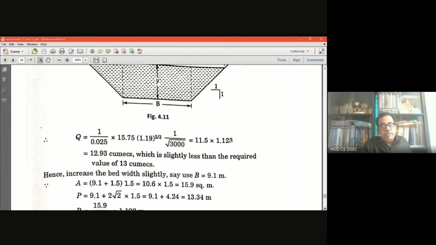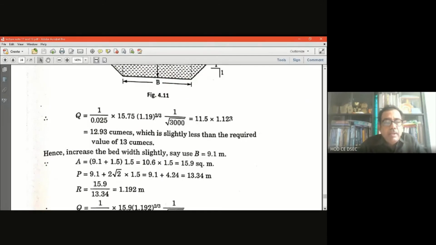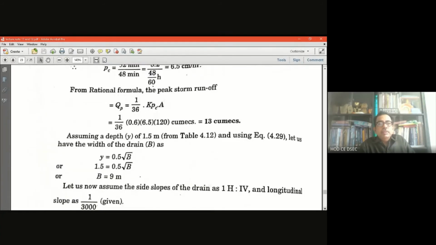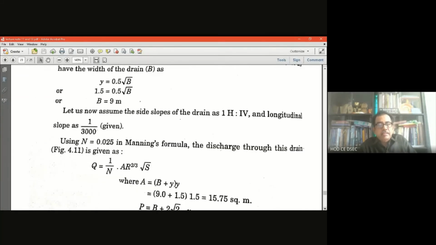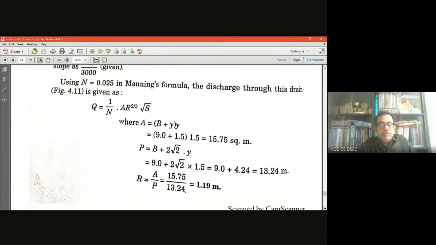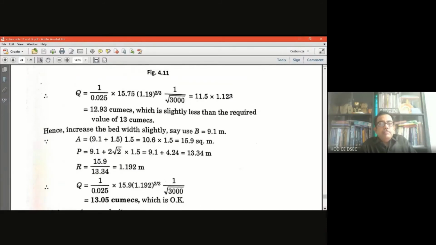Finally, Q is obtained as 12.93 Qmax, which is slightly less than the required value of 13 Qmax. What is the requirement of Q? The requirement of Q is 13 Qmax, and this channel section with an assumption of 1.5 meter depth of water gives 12.93.